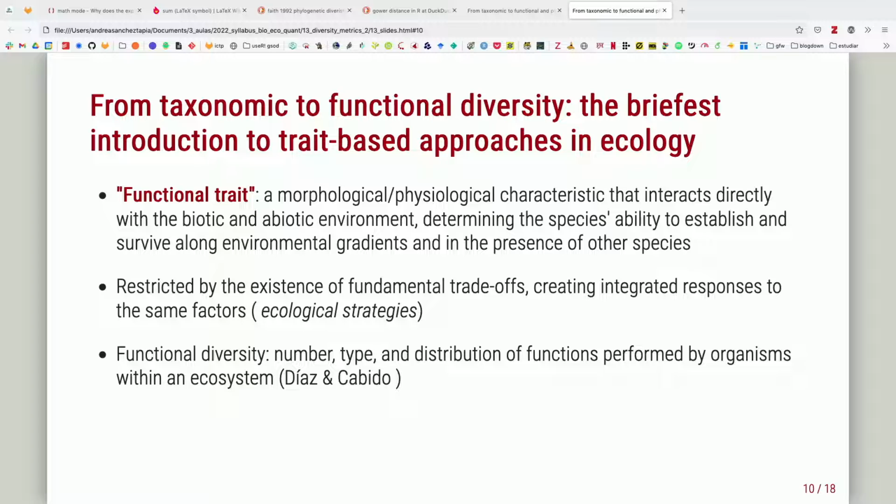And functional diversity is, at the end, in a community that is defined arbitrarily depending on your question, what is the space that is occupied by the different traits of the species? And it's related to a function. So you will have a number of different types of functions, and different distributions between the species.